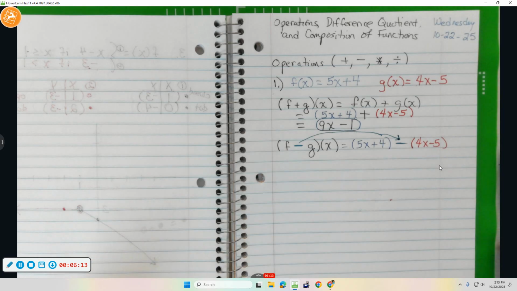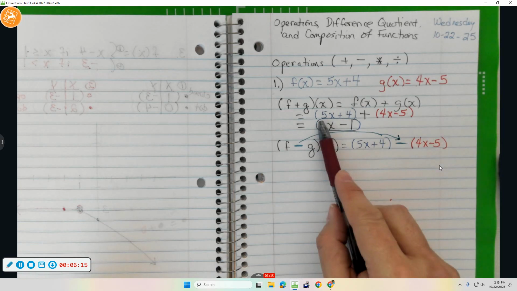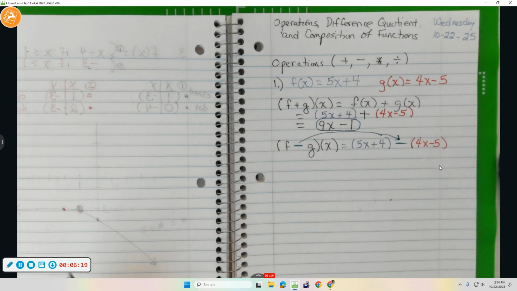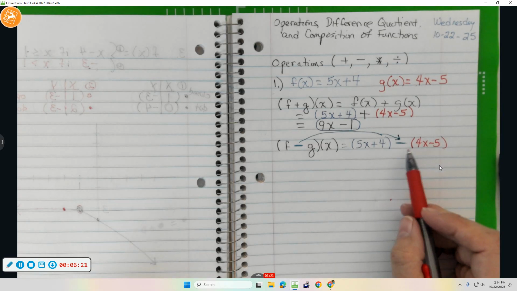These parentheses didn't really change anything. I could have written it without them. But here, there's something you've got to do.